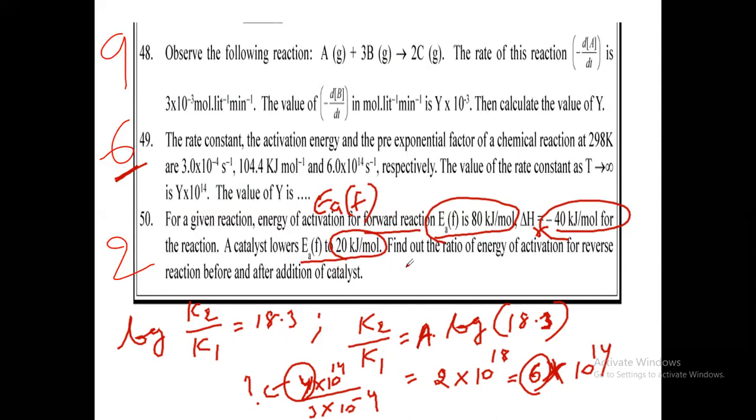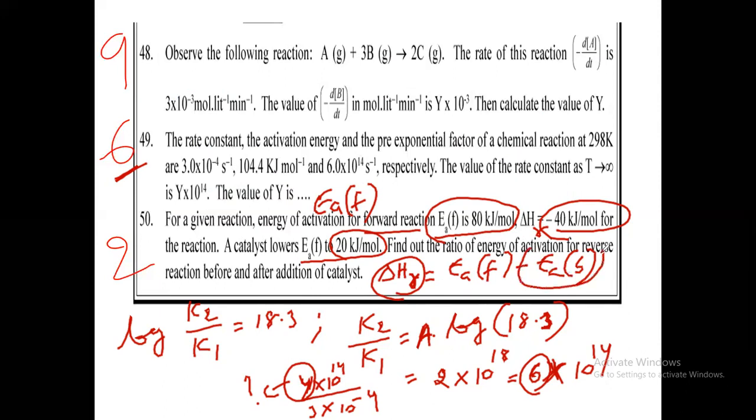In the first case, what is the formula for delta H of reaction? EAF minus EAB. Delta H is minus 40, and EAF is 80. EAB we can calculate.